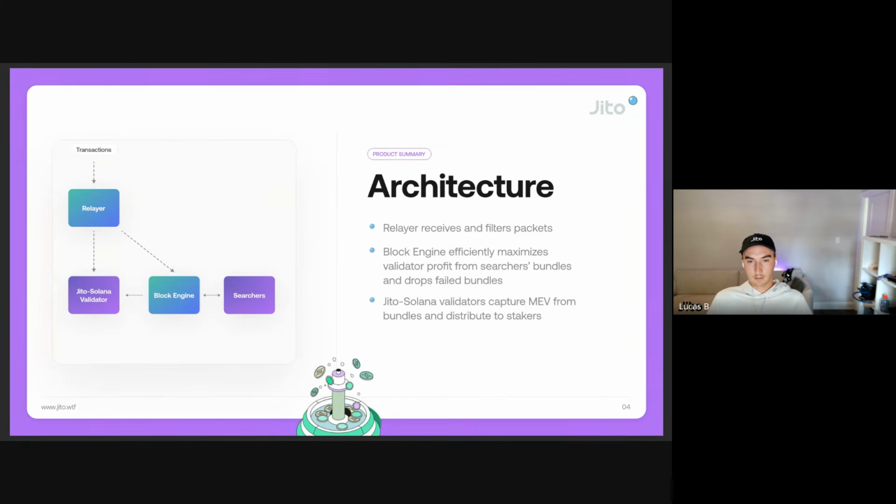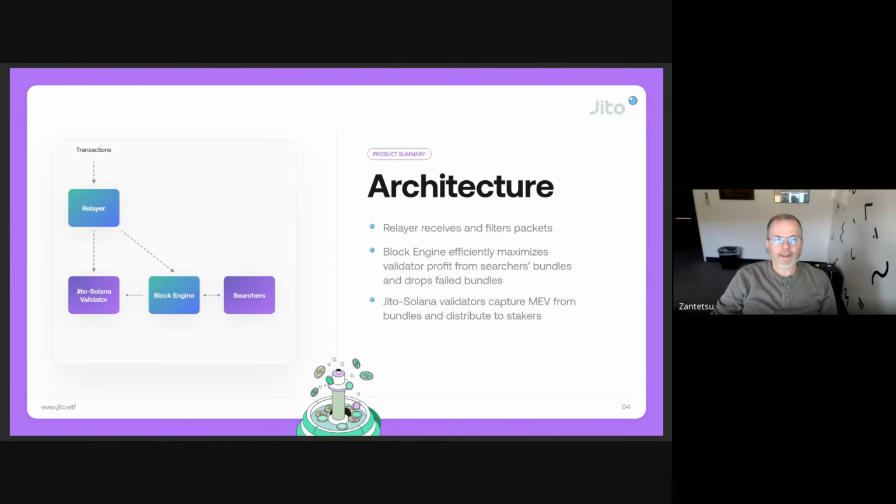You want to ask your questions, Zantetsu? Yeah, I just want to point out that if Jito runs a validator, you have to trust that what he's saying is true, which of course we all know, upstanding team, there's no reason not to trust them. But to be clear, if they're running a relayer, you don't know what transactions would have gone through. If you run a relayer, you can know.